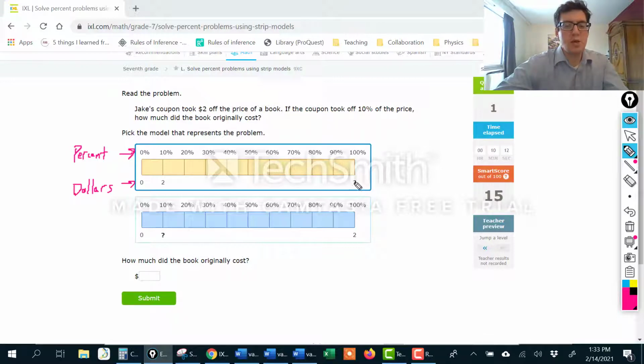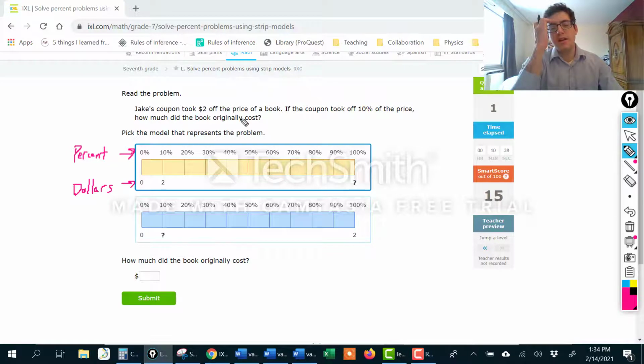And this is what I would call a find the whole problem. That might sound a little confusing, but for those of you who are in my class, you might think I would classify this as a find the original value problem, because we do want to know the original price of the book.